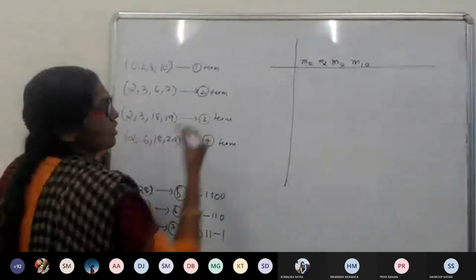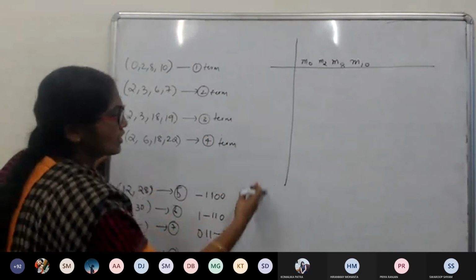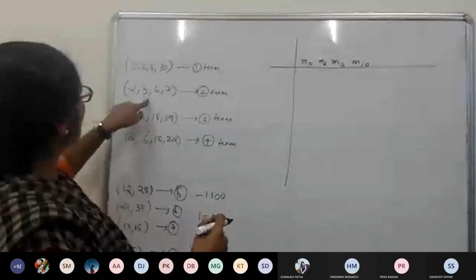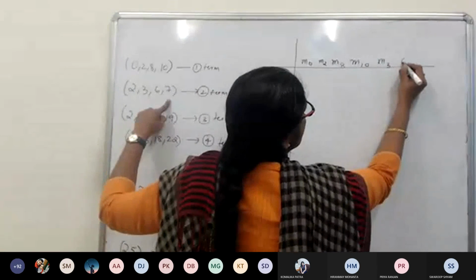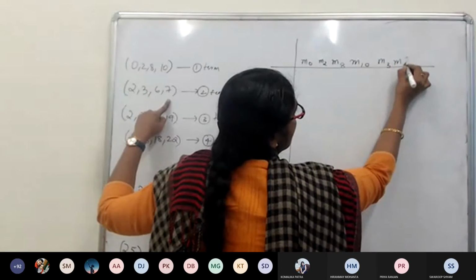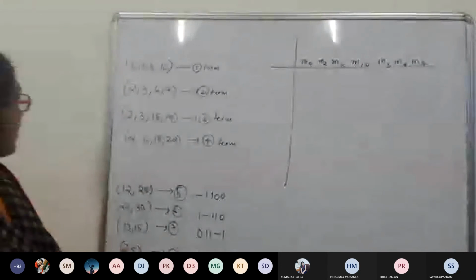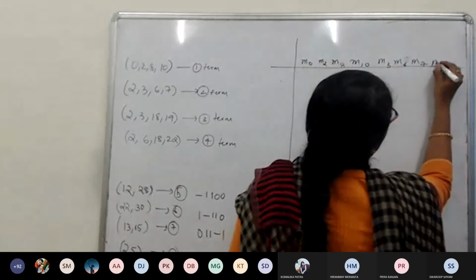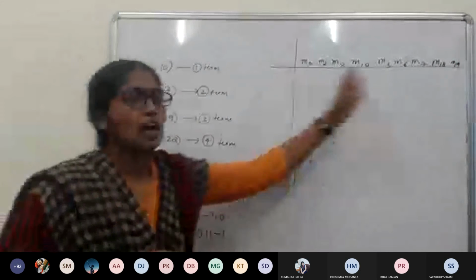Your terms I have erased them, so you can write the terms. Then 2, 3, 6, 7. 2 is already there, and 3, 6, and 7. Similarly, 18, 19. Like that we will try to cover.